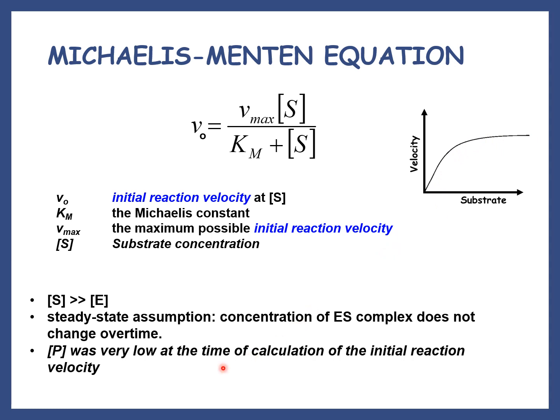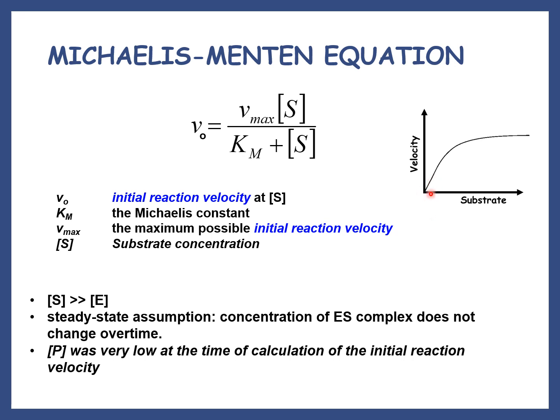Thirdly, the initial velocity, this V naught, is calculated at the very beginning of the reaction, and he assumed that at that point the product concentration would be very low compared to the substrate and the enzyme.